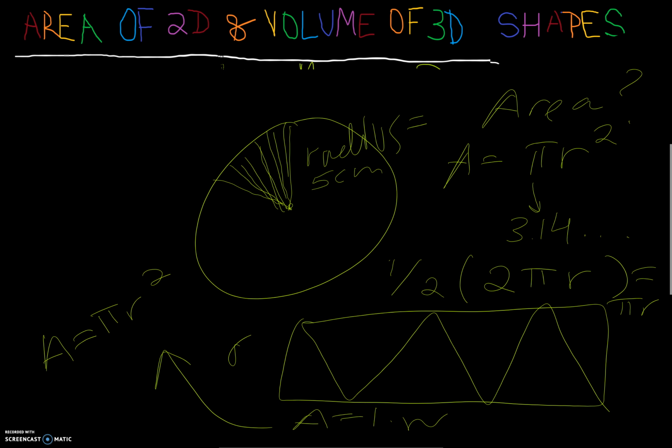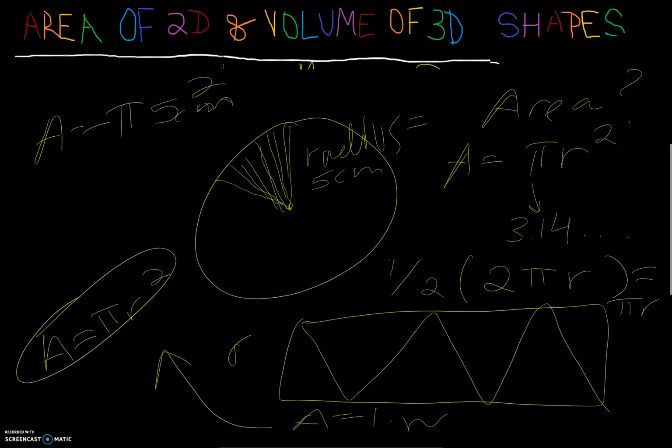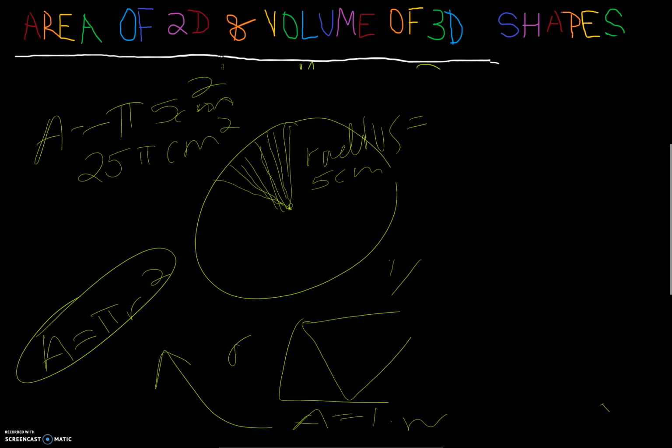So that's how we find the area of a circle. In this case, it would be pi times 5 squared, 5 centimeters squared. And like I said, pi doesn't have units, so it's just going to be 25 pi centimeters squared. Just like we've always said, area, our units are squared.